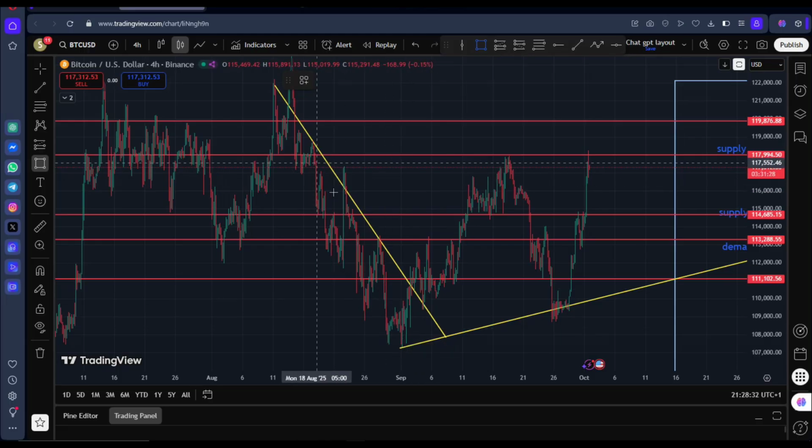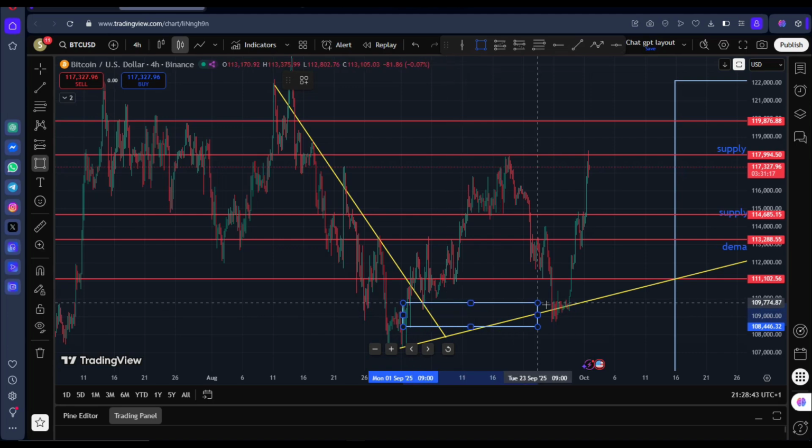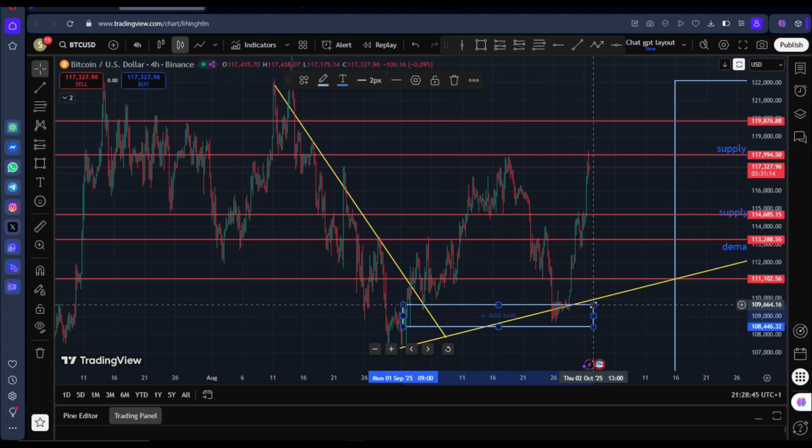Another reason why I will mark this out as a demand zone is this. If I drop down to a lower time frame, you will see it a bit more clearly.